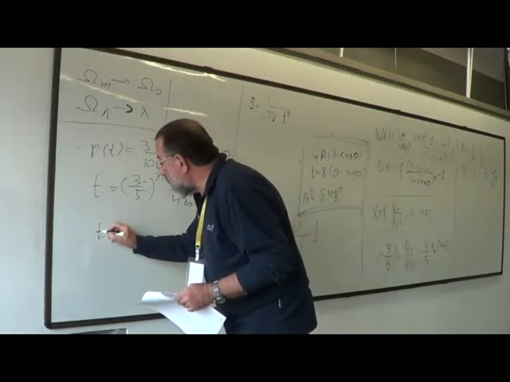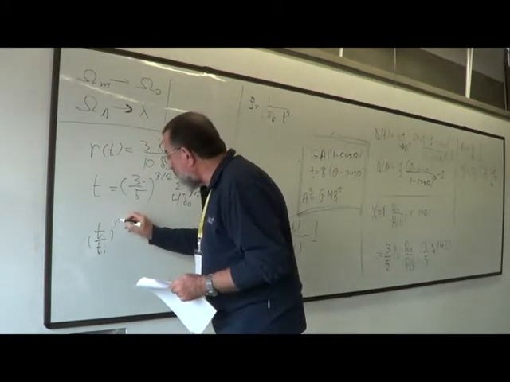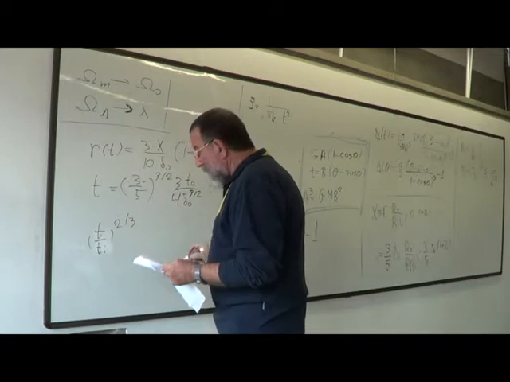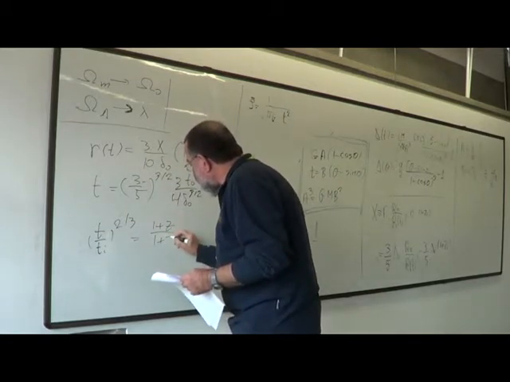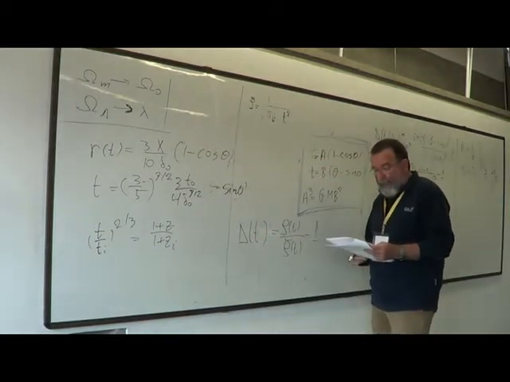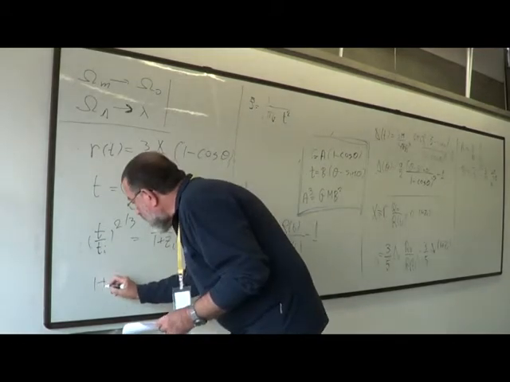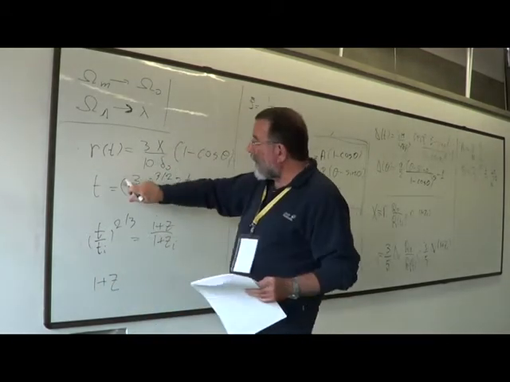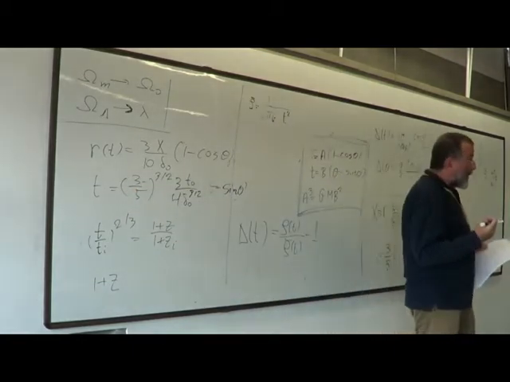We know that t over t_i goes like (1 plus z) divided by (1 plus z_i) to the power of 3/2. That's for the unperturbed solution. Then, instead of using time as a coordinate, I'm using the redshift as a coordinate.